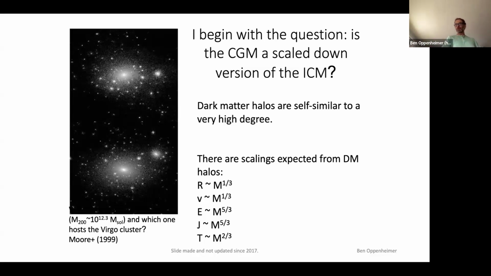But the point is there's a high degree of self-similarity in dark matter halos. And there are some fundamental scalings that we expect here for energy and angular momentum, temperature, pressure as well, etc. So the question I've been asking for a while is, is the CGM a scaled down version of the ICM? And the answer, of course, is no.